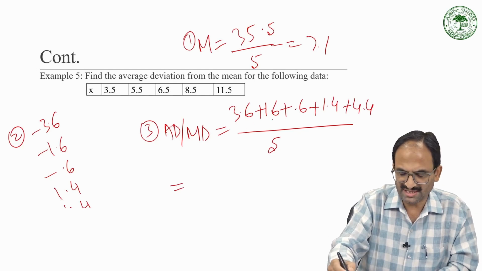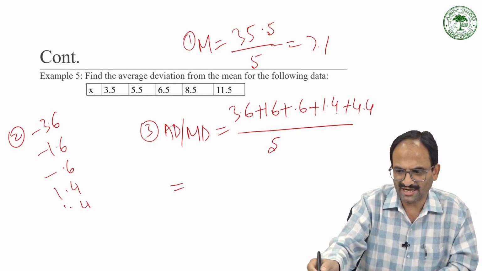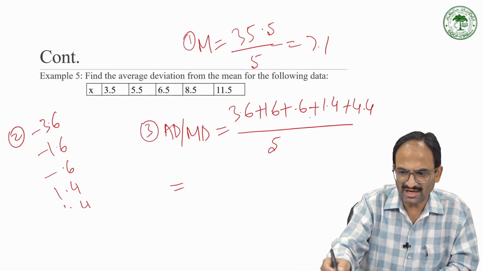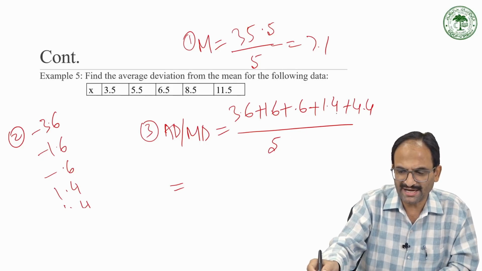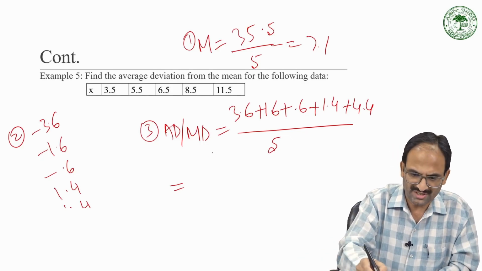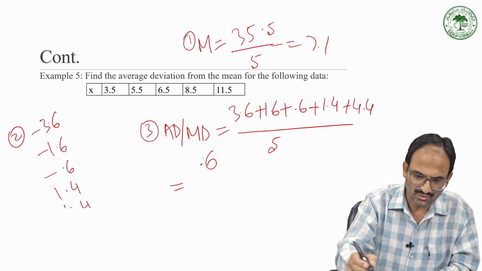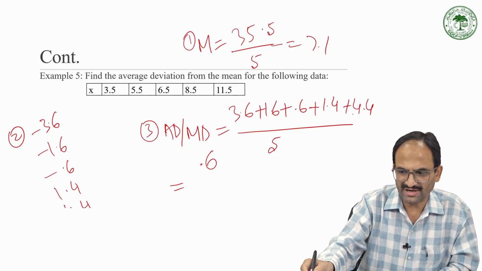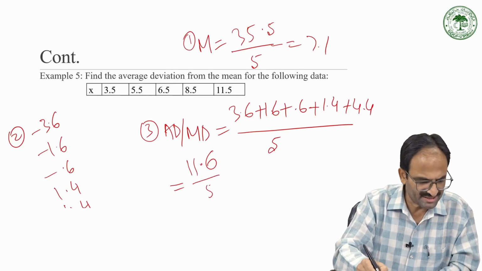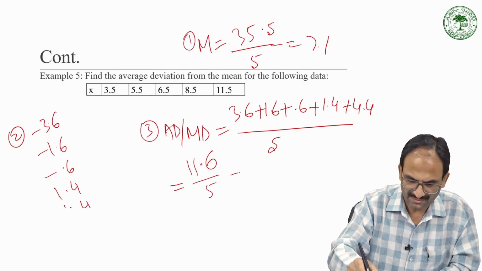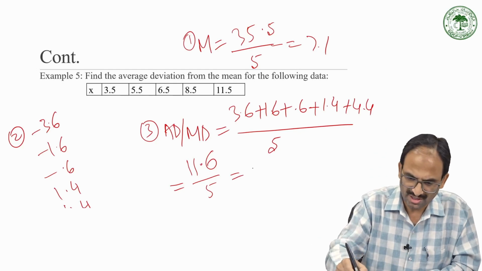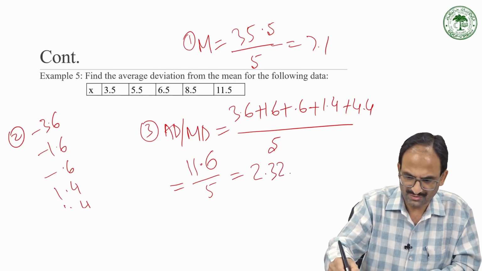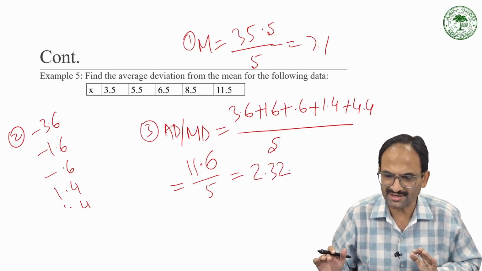So calculate: 6 and 6 is 12 and 6 is 18, 18 and 4 is 22, 22 and 4 is 26, 6 2 carry 3, 2 5, 5 1 6, 6 1 7 and 7 and 4 is 11. So 11.6 divided by 5. If you do the calculation, 5 2s are 10 and 5 3s are, so it is like this, 2.32.